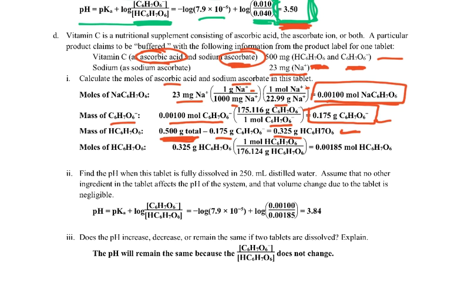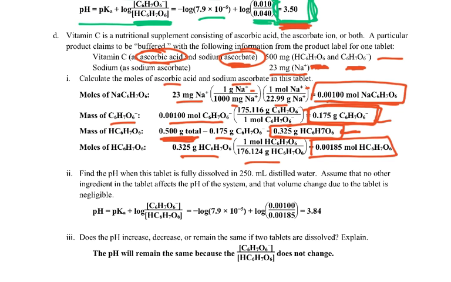So now we've been able to find the grams, because we know the grams of ascorbate, and we know that the total is 500 milligrams of both, then we know how much ascorbic acid we have. Phew. Okay, now we just go back and change grams to moles, so we find we have 0.00185 moles of ascorbic acid.